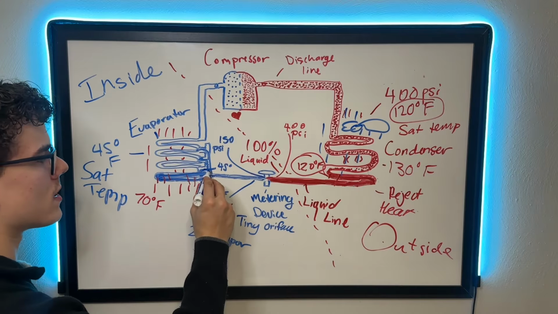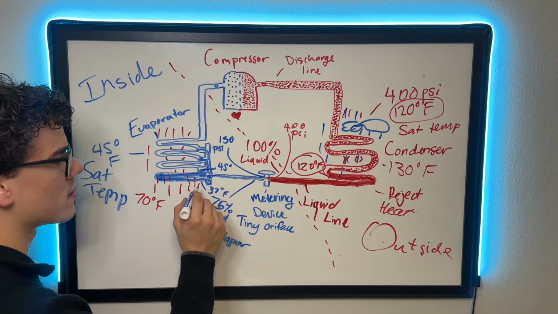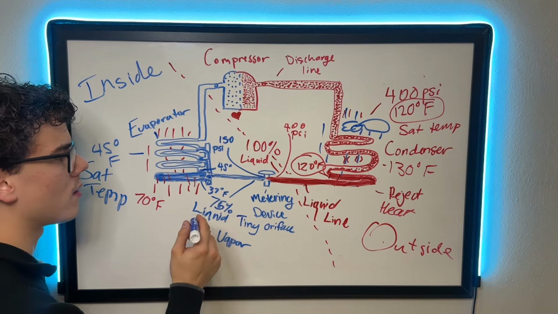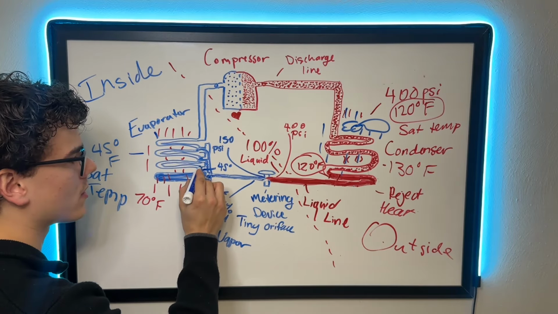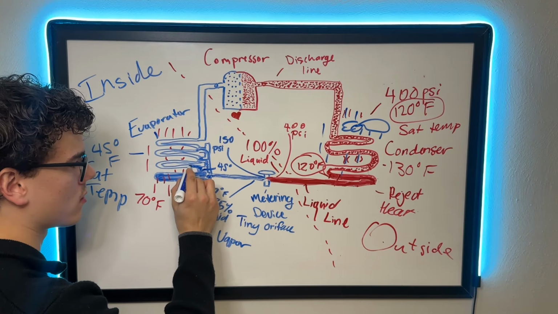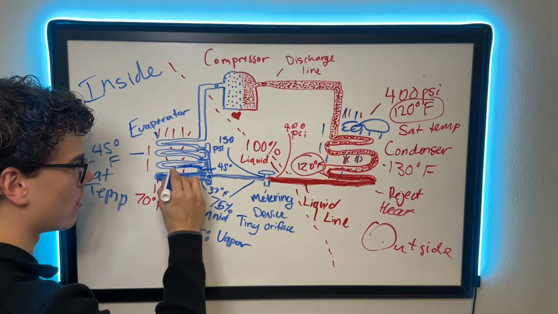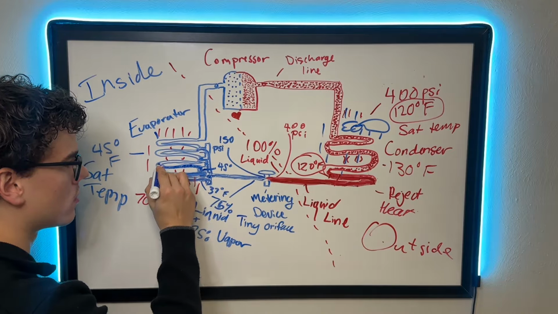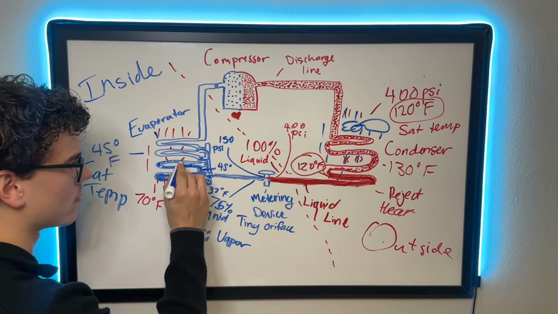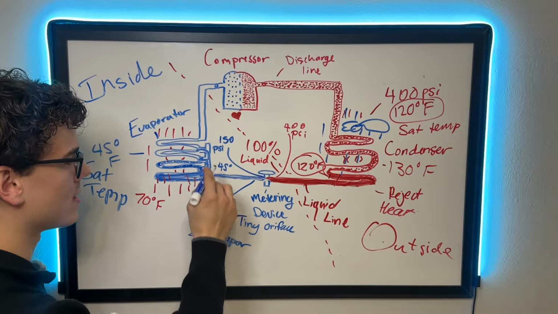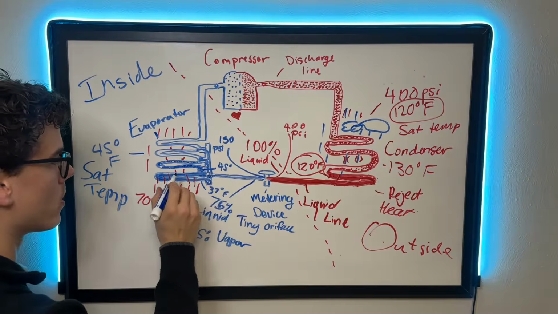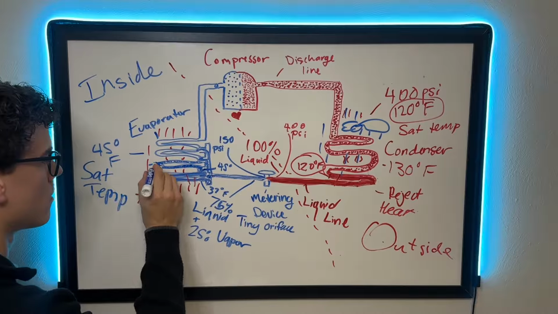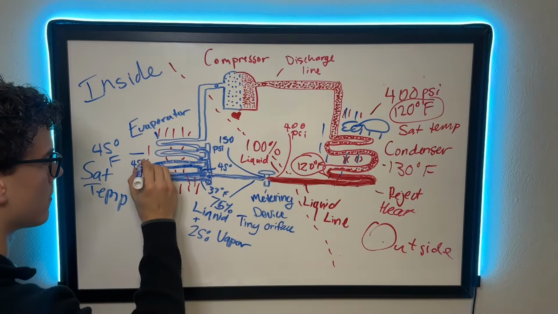Now that we've got it to the saturation point by absorbing this heat from the inside of the house, now we can start our state change, going from a liquid to a vapor. Because now we went from 45 degrees here to 45 degrees here.